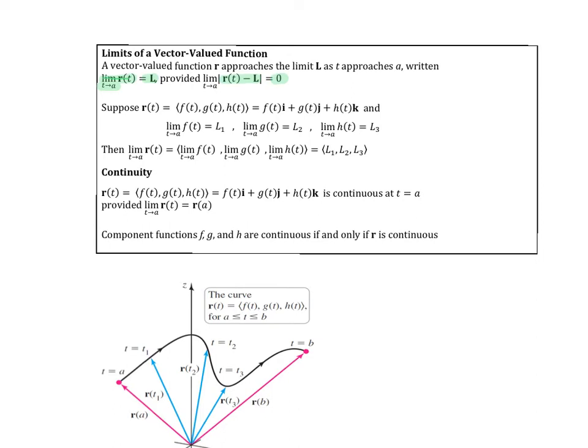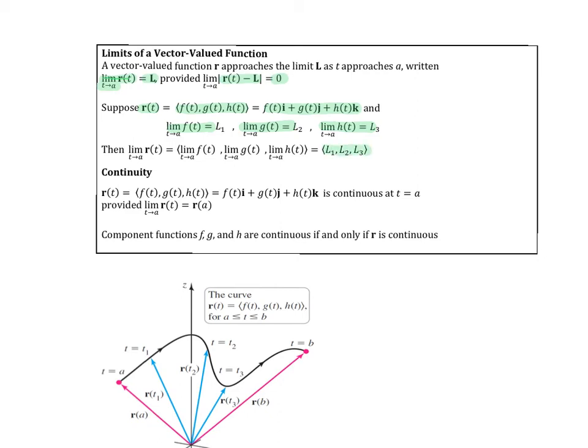So let's say that we do have this vector valued function r. And here I've written it in terms of f, g, and h. Or you could write it in terms of the unit vectors i, j, k. To figure out the limit, all you have to do is take the limit of each component. If the limit exists for each component, then that's the limit written as a vector.